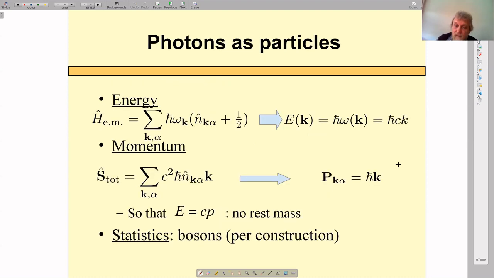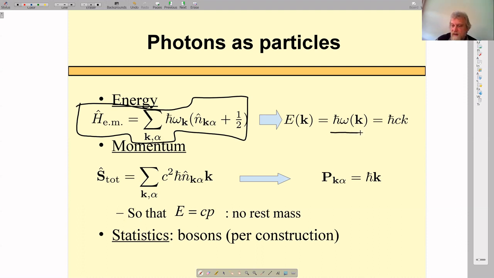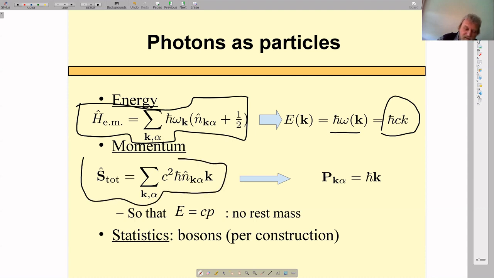Fine. A little bit about properties of the photons before we go to the break. Energy. As for any oscillator, it is a sum of photonic energies. Energy of each photon is h bar times omega, so it is proportional to the wave vector. Momentum, one can associate it with a Poynting vector, with an energy flux.